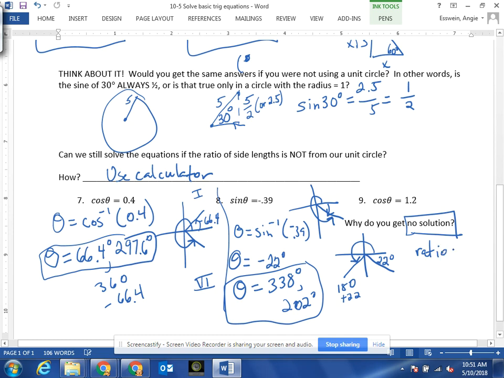The ratio of the side lengths can't be more than 1. And remember the graph you did of sine and cosine? Remember the maximum was 1 and the minimum was -1? Cosine actually looks like a wave, just like sine. It's just shifted. So the most you could have is 1 and the smallest is -1. If it's outside, you'll get no solution.